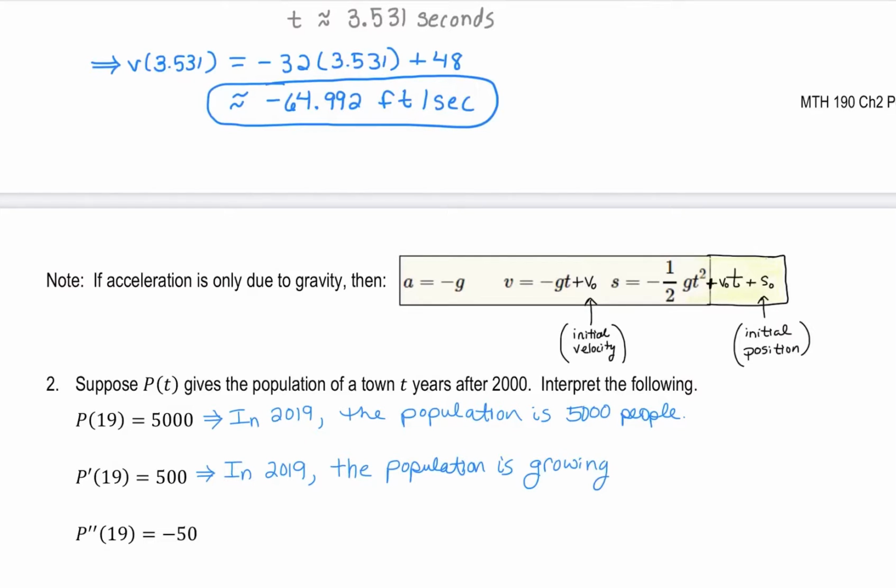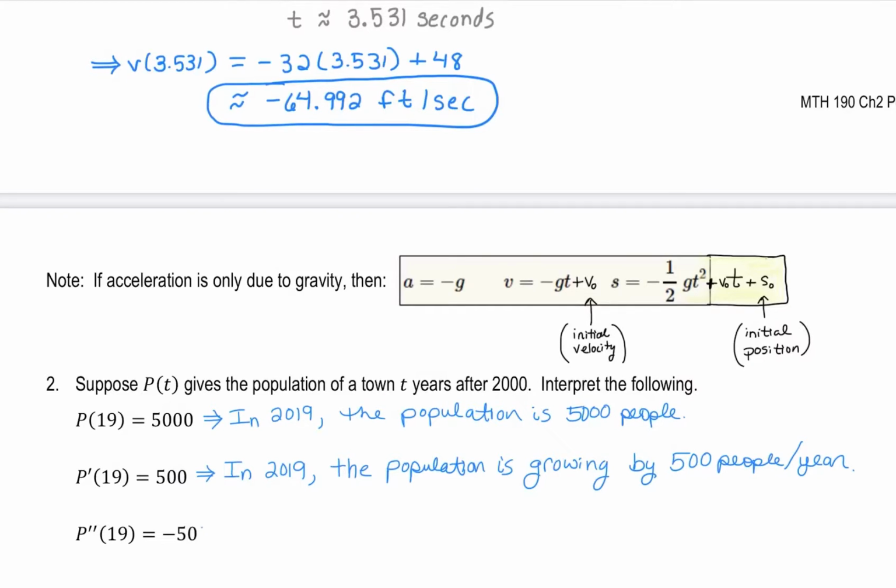So the population is growing, and the value of that derivative is 500, and the label is important. The label of a derivative is always that output per input label of the original function. So here that would look like 500 people per year. So in 2019, the population was 5,000 people, but it was growing by 500 people per year at that instant.